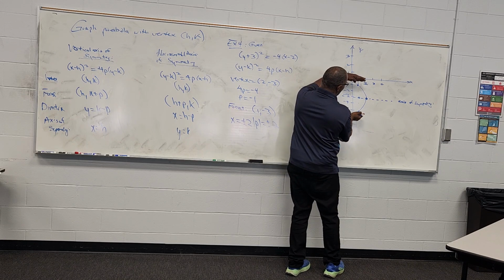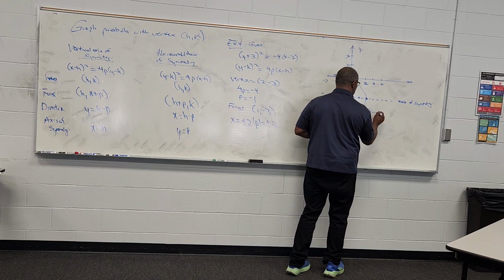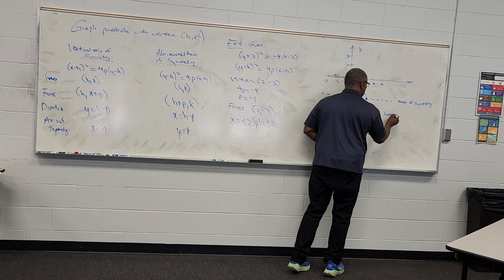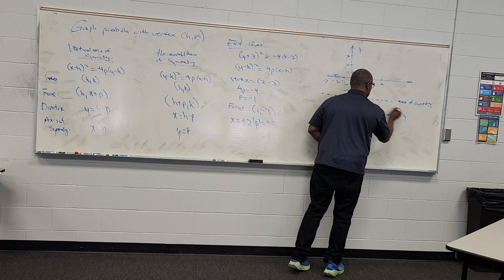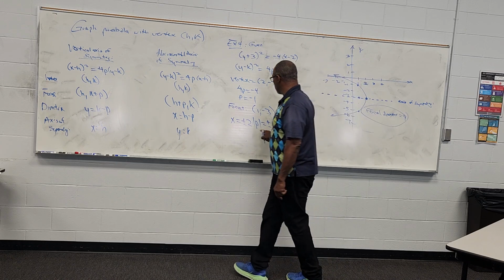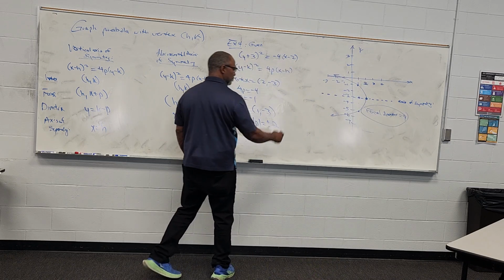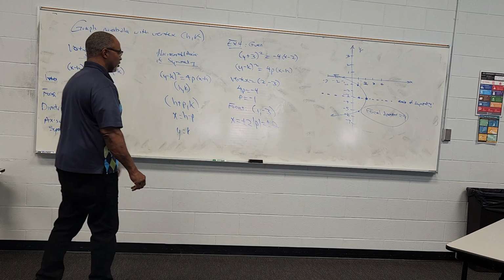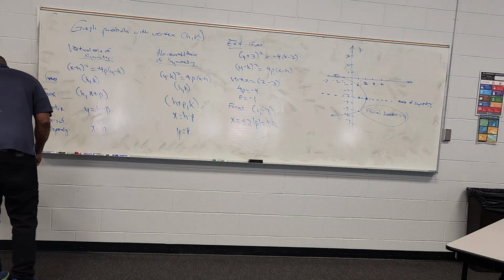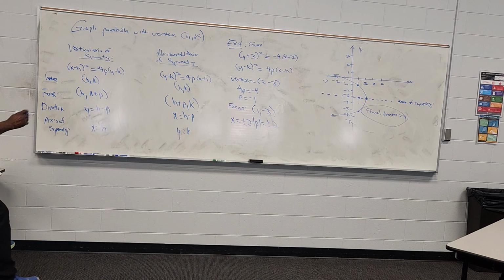The focal diameter would be from negative 1 to negative 5, so the focal diameter is 4. Focal diameter will always be 2 times whatever that number is. Plot it. Okay, we did that already.